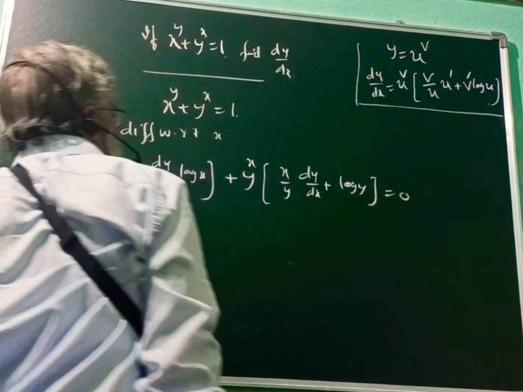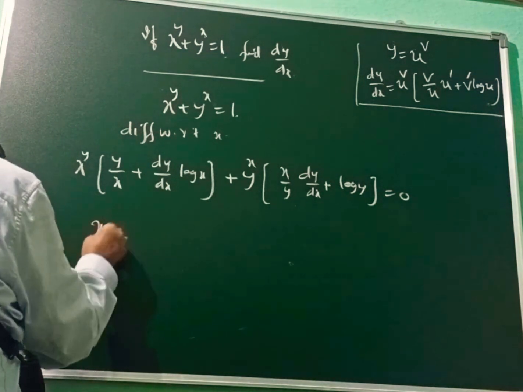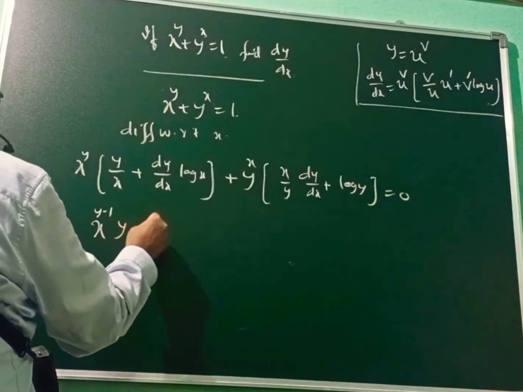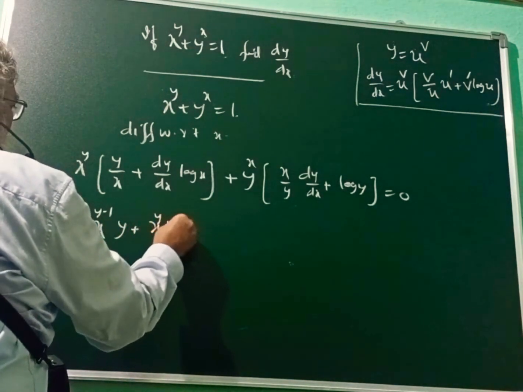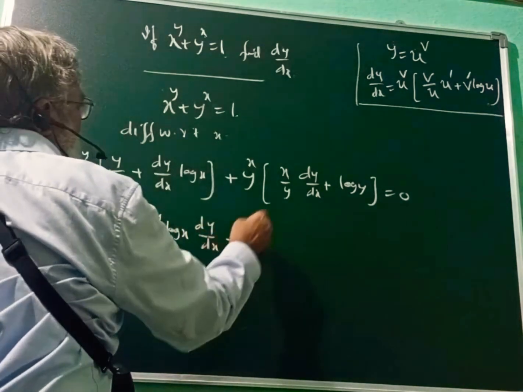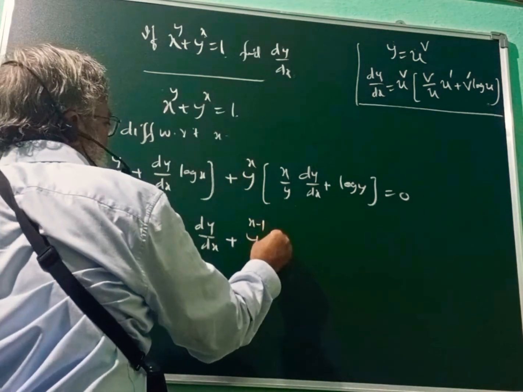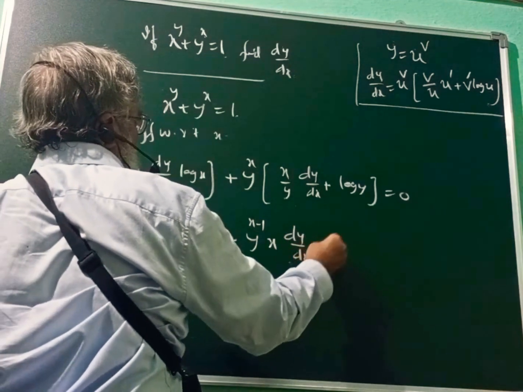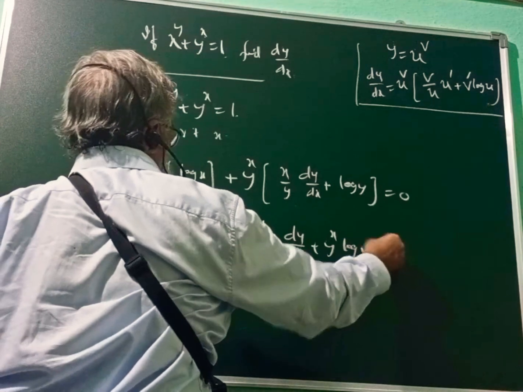Differentiation of 1 is 0 here. Open the bracket. We get x raised to y minus 1 into y, plus x raised to y into log x into dy by dx. Plus here also by index laws we can write x into y raised to x minus 1 into dy by dx plus y raised to x into log y is equal to 0.